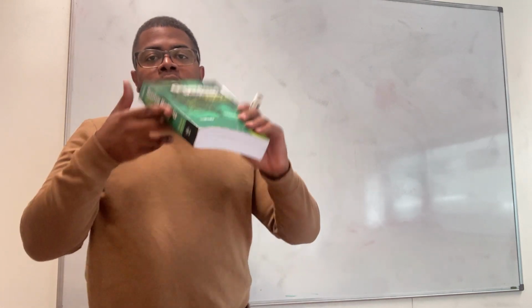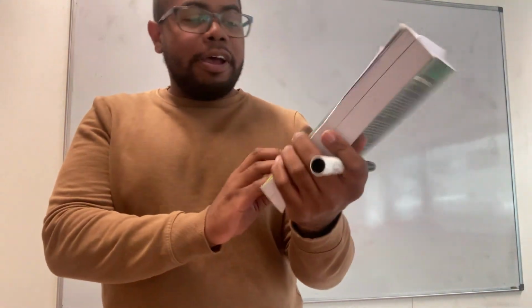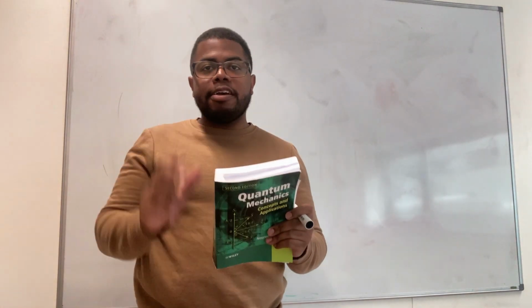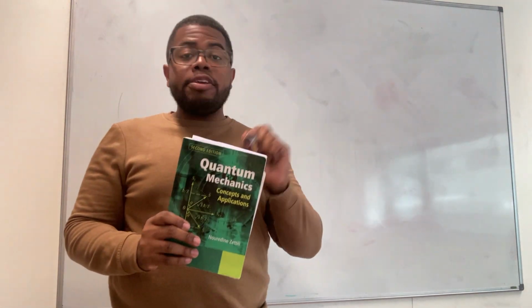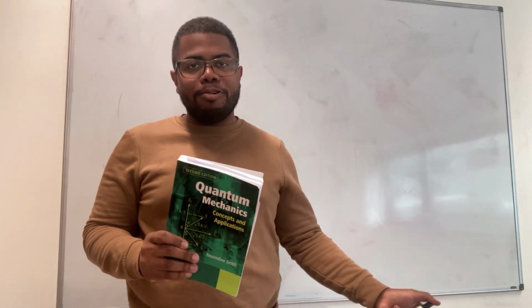The source I'm using is the textbook Quantum Mechanics: Concepts and Applications by Nouredine Zettili. It's a great textbook. I'm loving it, especially for my second quantum mechanics course. And I mainly use chapter 1, which talks about the history and motivation behind needing quantum mechanics.